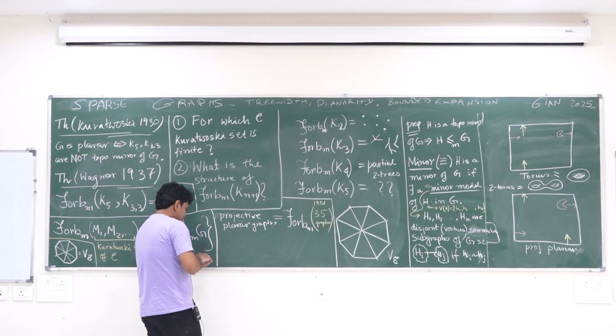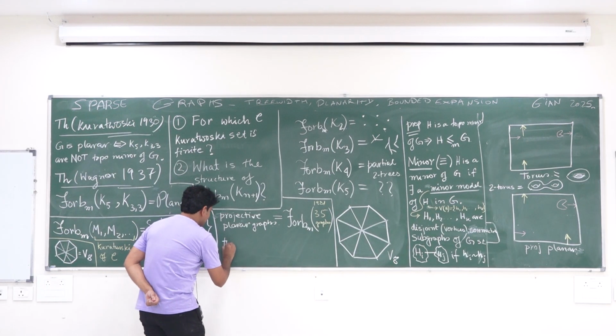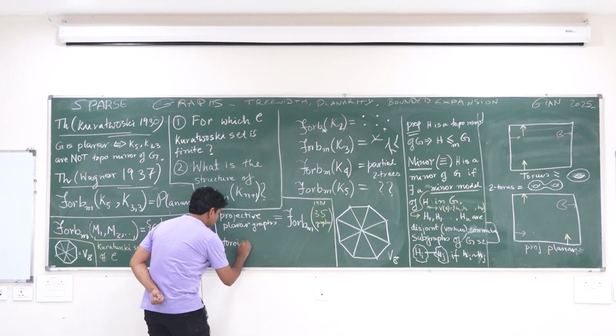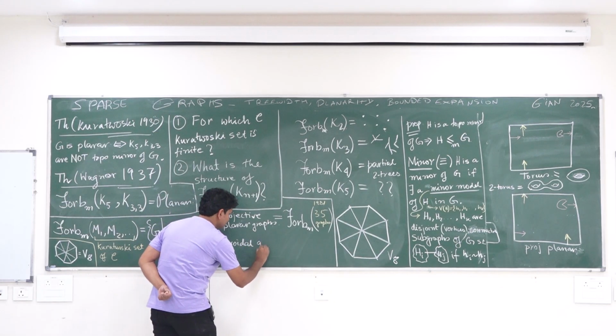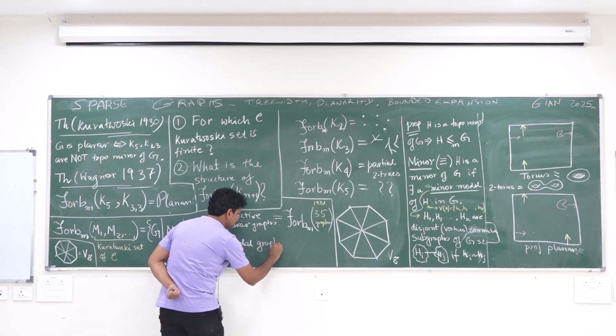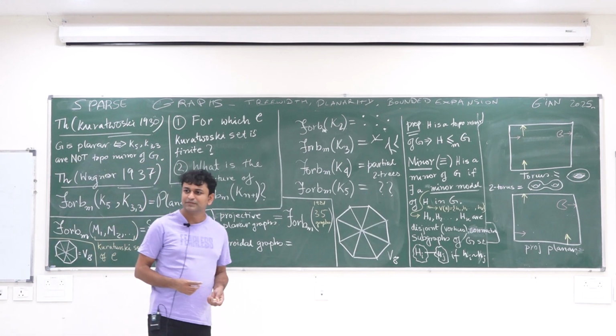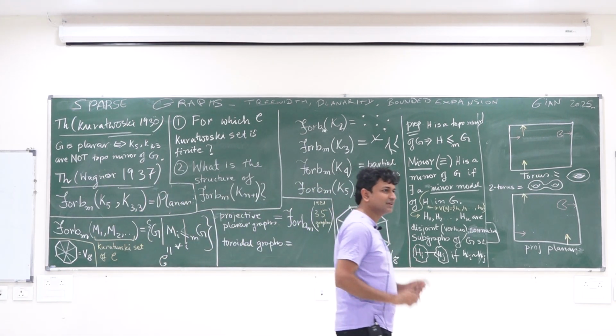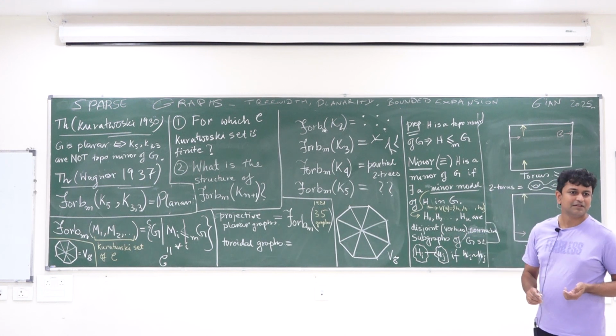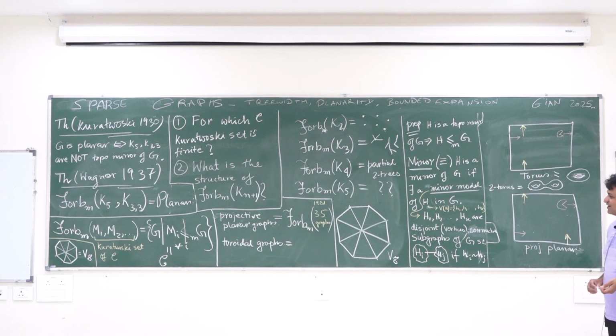Let's say for toroidal graphs. So these can be drawn on the torus without crossing. So one torus or 2 torus? One torus. It is a very big number.